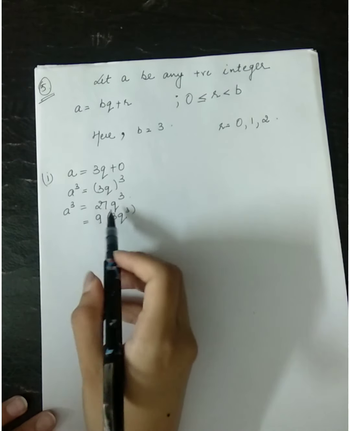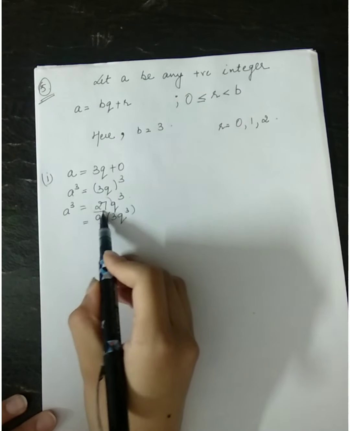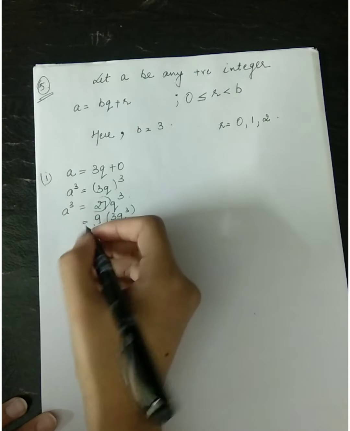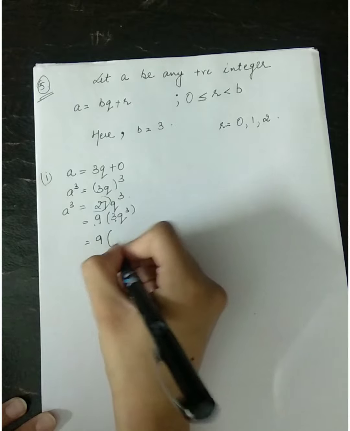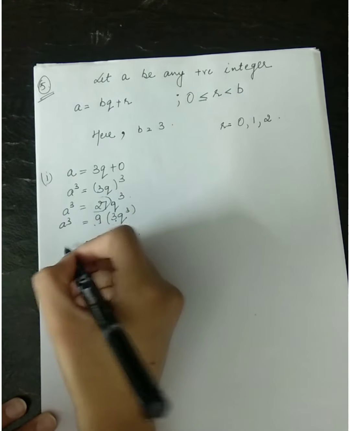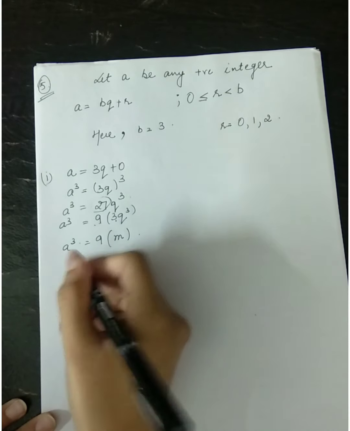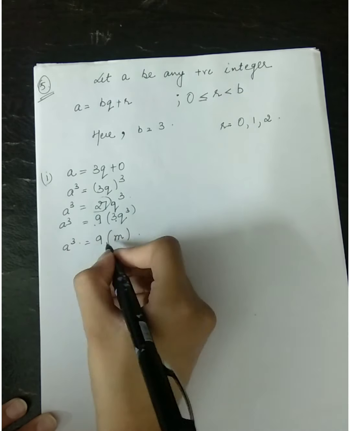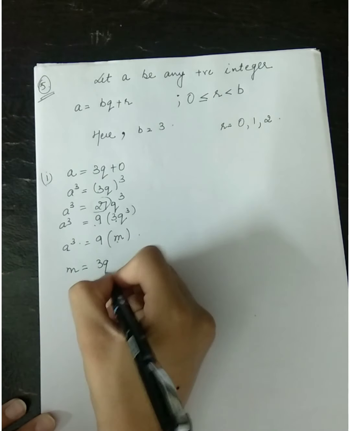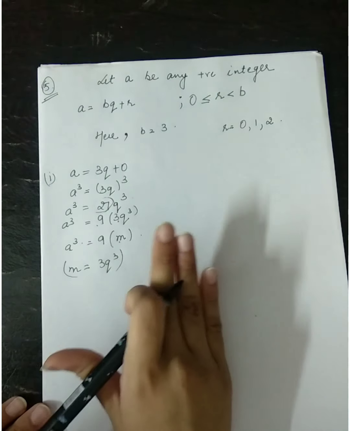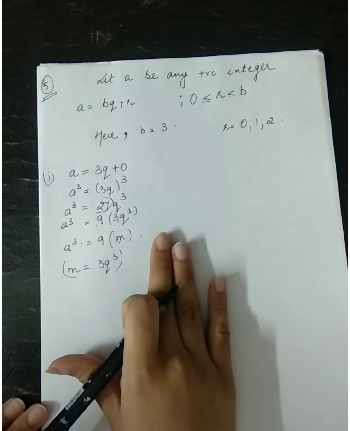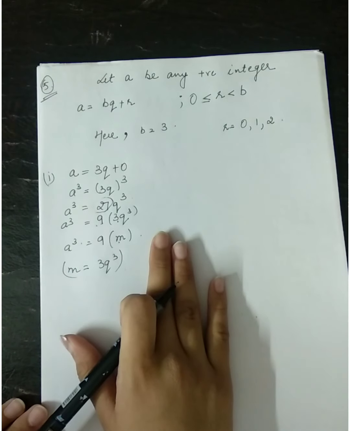Because from 27 we will take 9 common and 3 will remain inside the bracket. So A cube is equal to 9m. Why? Because m is equal to 3q cube. This is almost the same as our fourth question, but here we have to take the number as the cube of the integer.